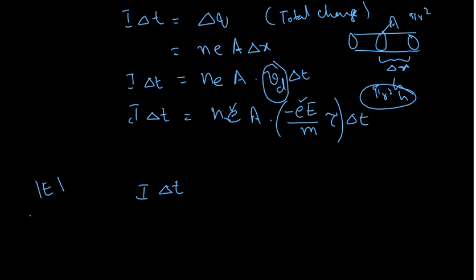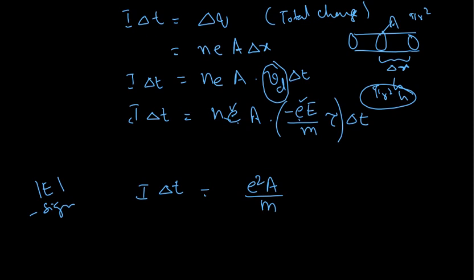So you get I delta t equal to n e squared, e squared is coming from here and here, e squared A divided by m. I'm just rearranging things: e squared A divided by m.